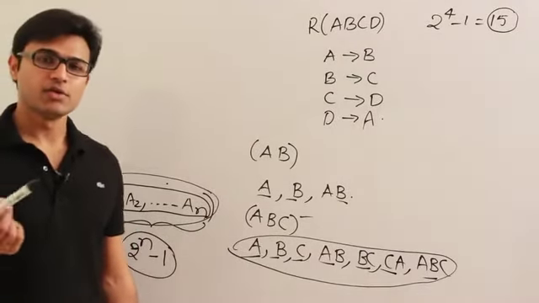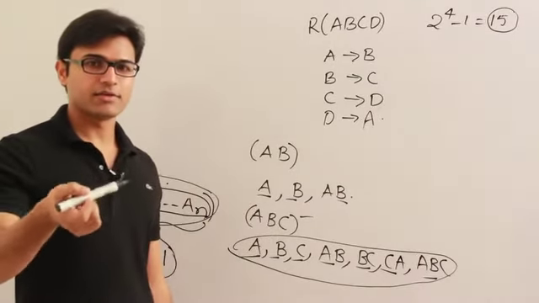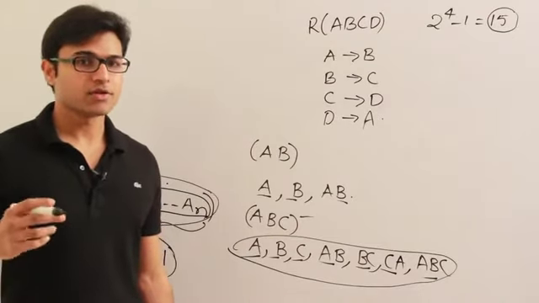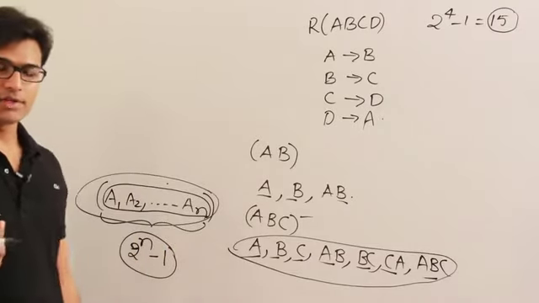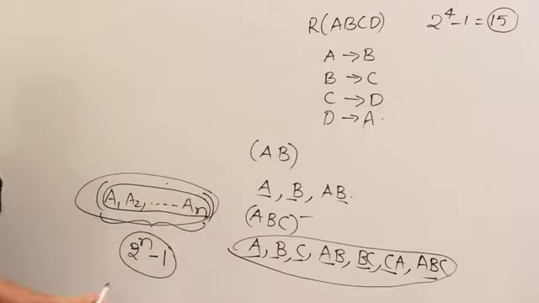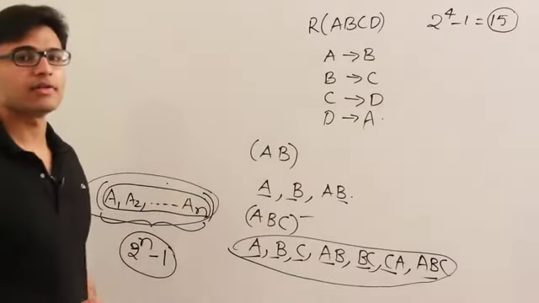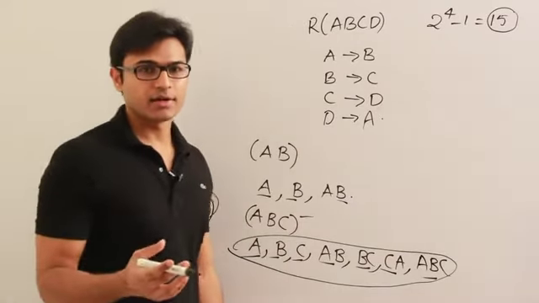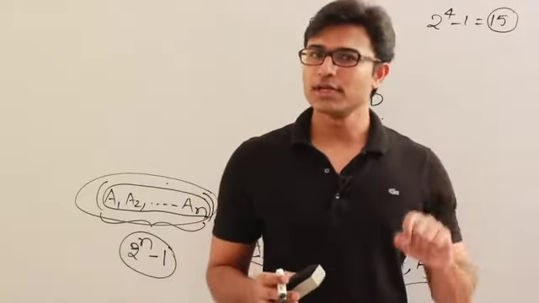Because we already have the rule that in a table no two tuples can have the same values in all the attributes. Therefore, by the definition of a relation itself, in a relational database, we have this constraint that if you take all the attributes of the table, you will definitely get a candidate key, in case you don't find any other candidate key. Got it? Therefore there is definitely a guarantee that if you don't find any candidate key, the set of all attributes is going to be the candidate key.